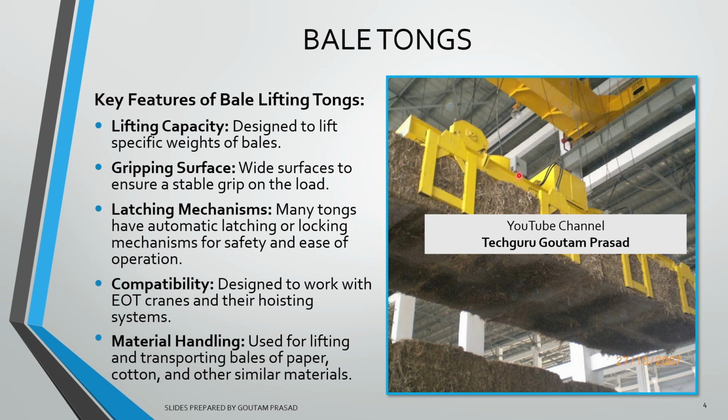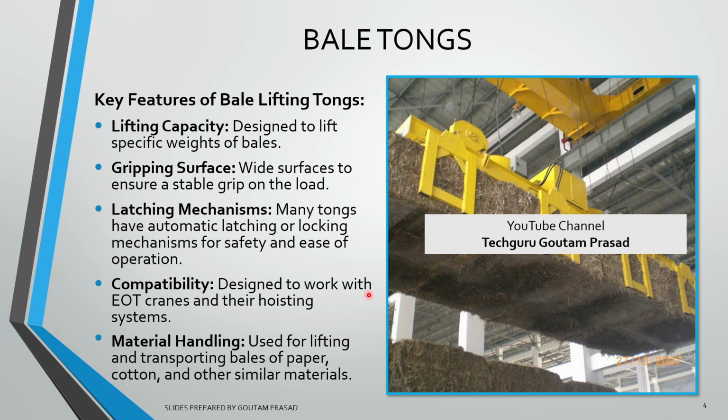So key features of the bale lifting tongs are as follows. Lifting capacity is designed to lift a specific weight of the bales. So this is basically a bale that is being lifted. Gripping surface: a wide surface ensures a stable grip on the load. Latching mechanism: many tongs have an automatic latching or locking mechanism for safety and ease of operation.